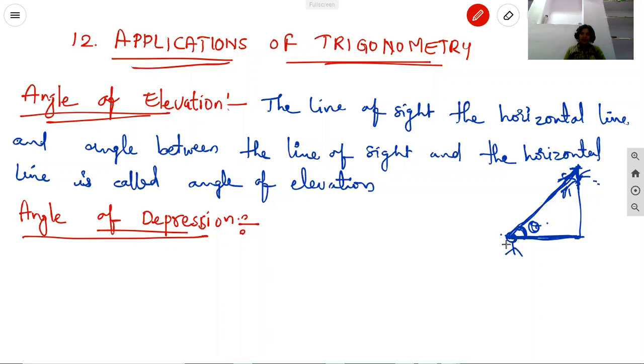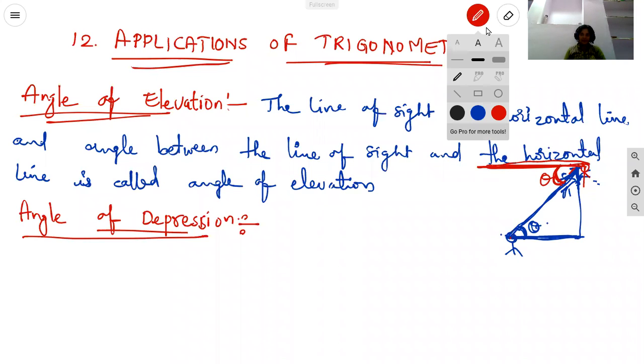From there we see the horizontal line, and the angle from the horizontal line down to the line of sight is called the angle of depression.